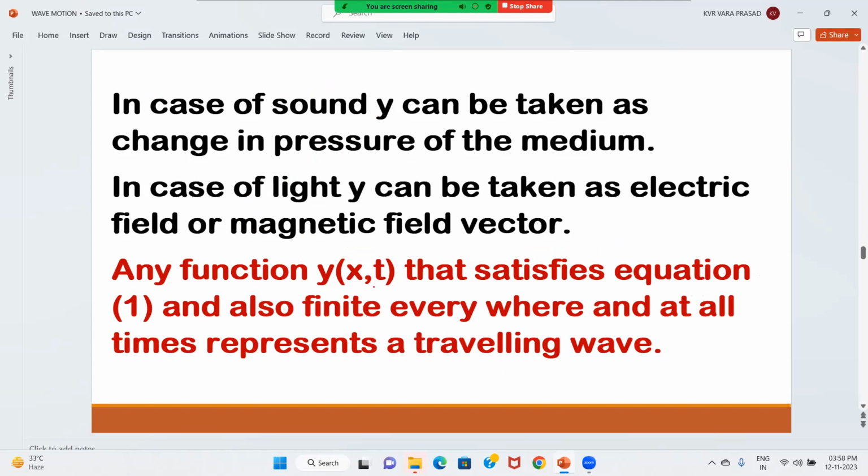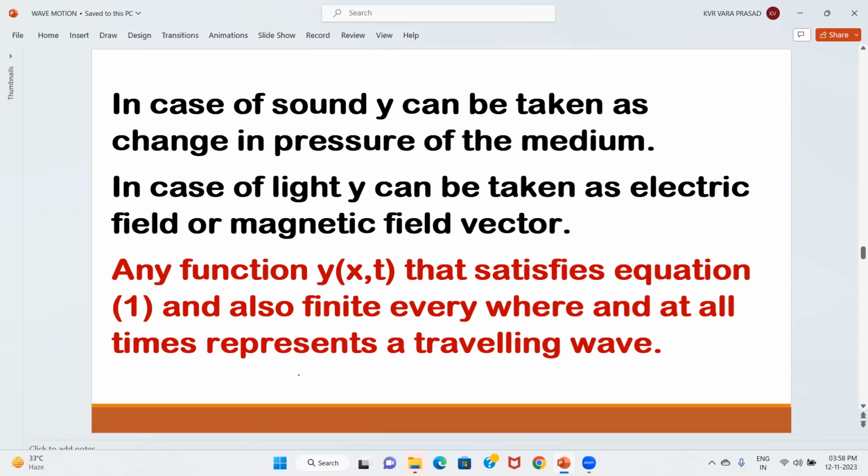Okay. And here one important point. Any function that is a function of position and time that satisfies equation 1, and is also finite everywhere and at all times, represents a traveling wave.